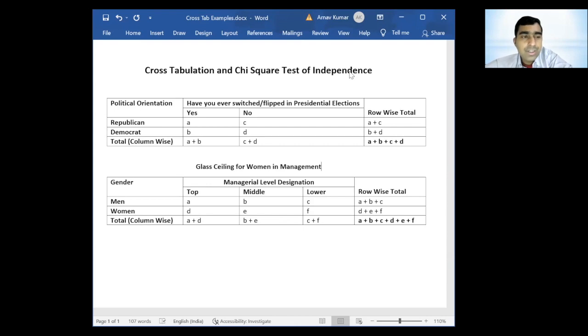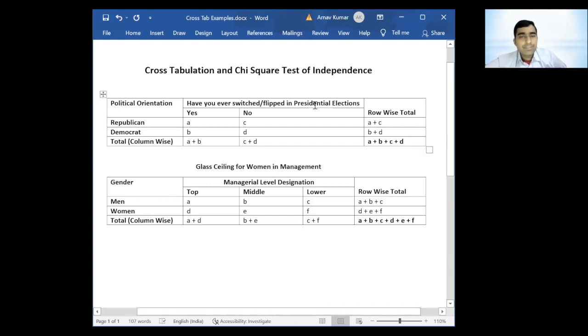Whatever conclusion we arrive at will be based on data. We can make a hypothesis that the proportion of voters who switch is the same across the two political parties, and in the alternate we put that the proportion of voters who switch is different for the two political parties. So look at this table.